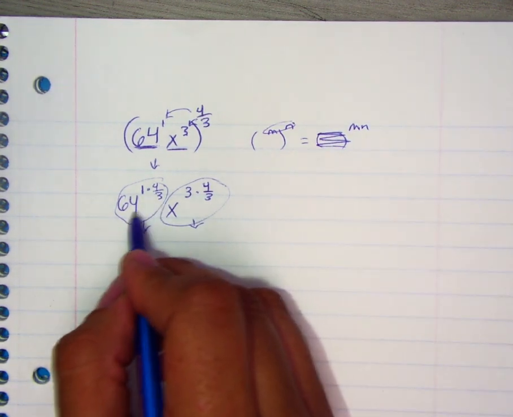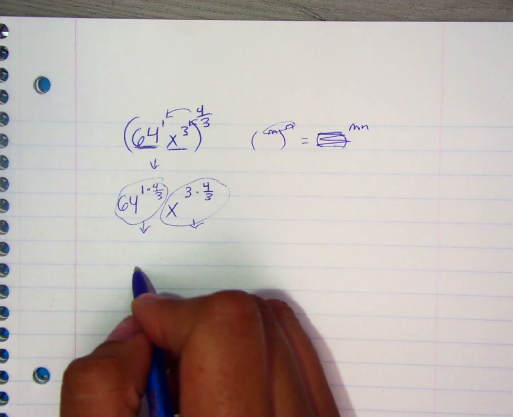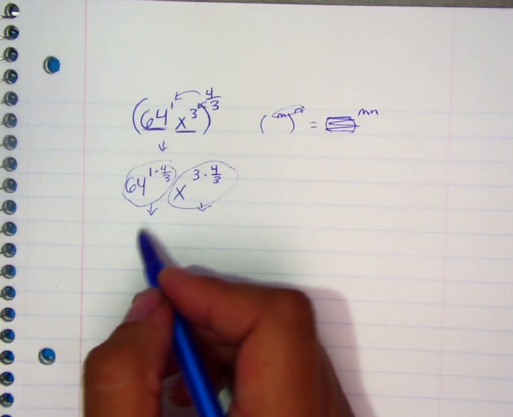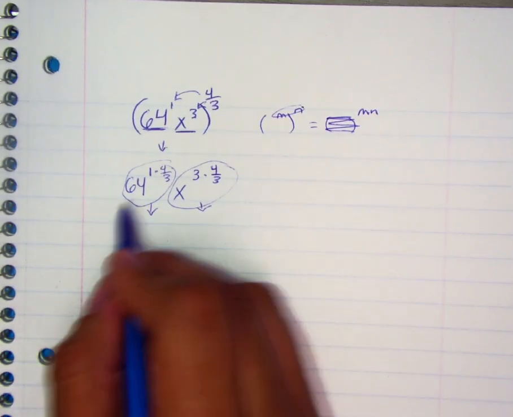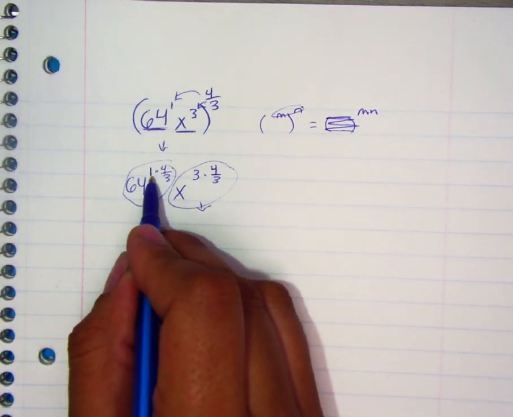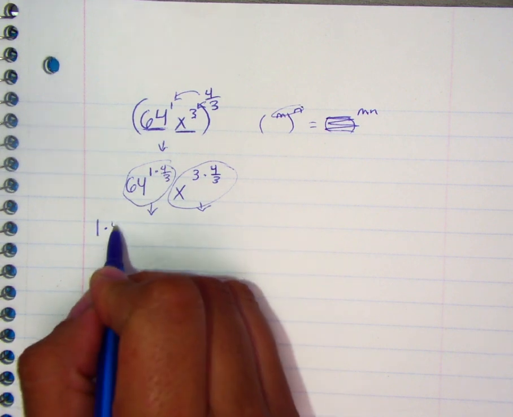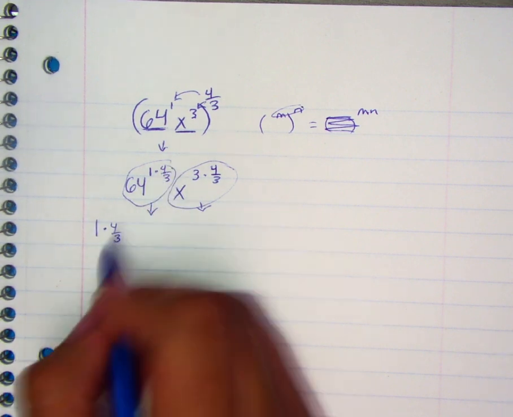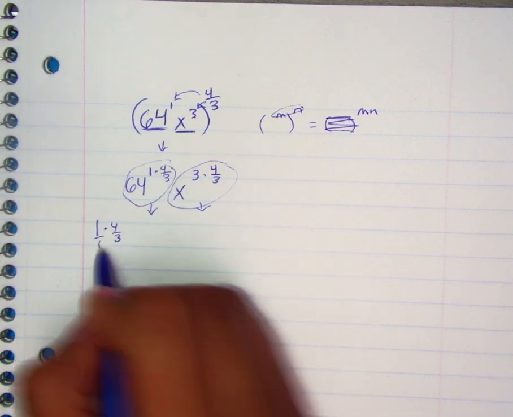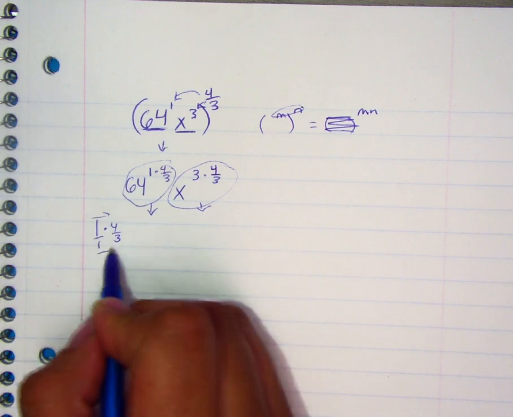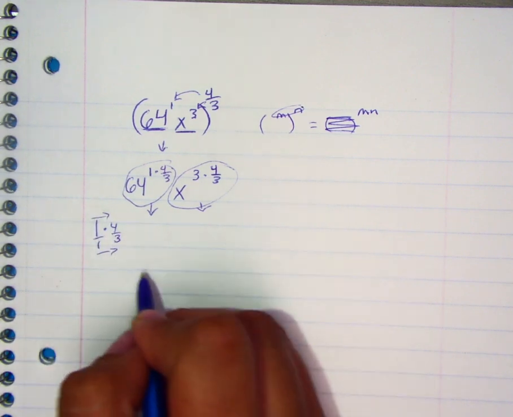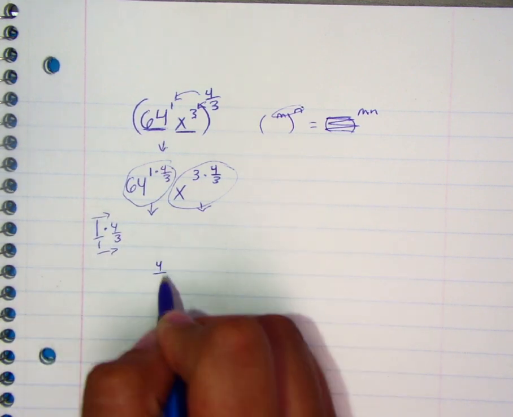This can be just typed in the calculator to get an answer right away, but of course, if you're in an advanced class, you need to know how to get there. We want to multiply 1 times 4/3 in the exponent, so 1 over 1, and you multiply straight across, and that's going to give you 4 over 3.